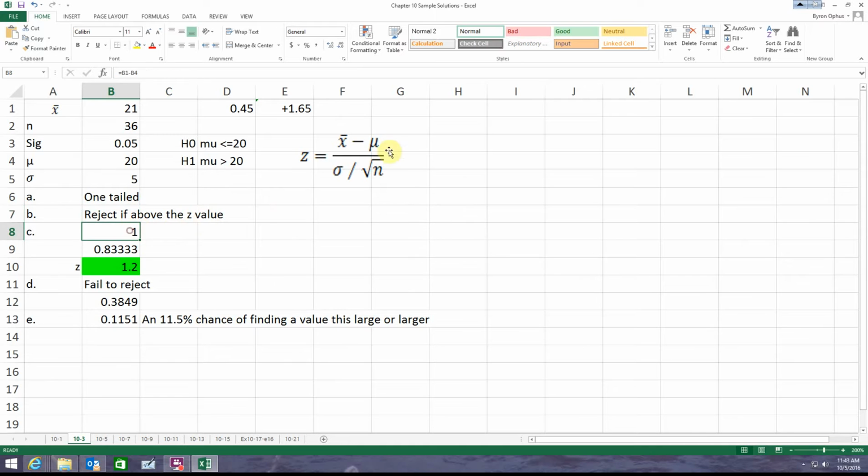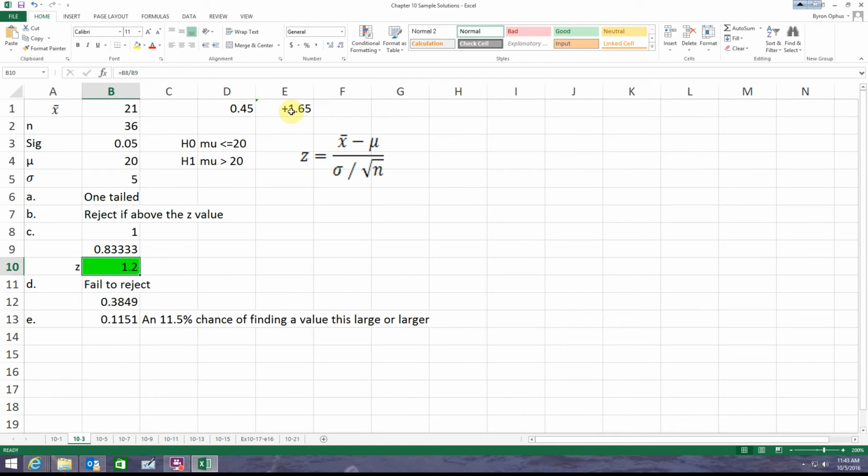Then the math is the same as what we've done, and I won't belabor that, but I've got my mean of x, 21, minus 20, divided by my standard deviation divided by the square root of n. So again, I got 5, so 8.833. I end up just like I did with the other one. But is that greater than the z value?